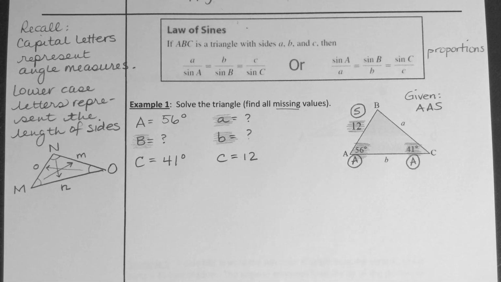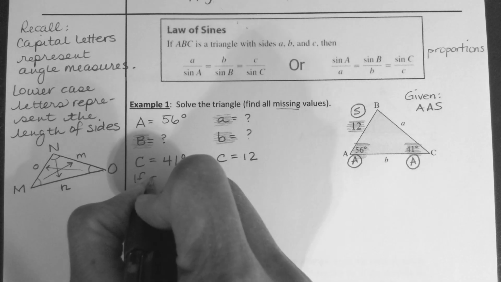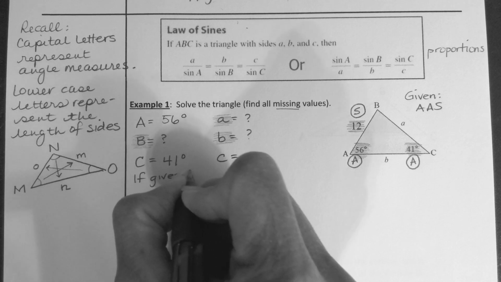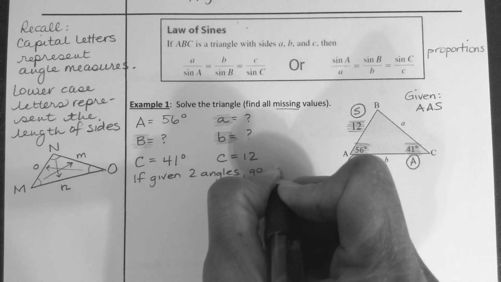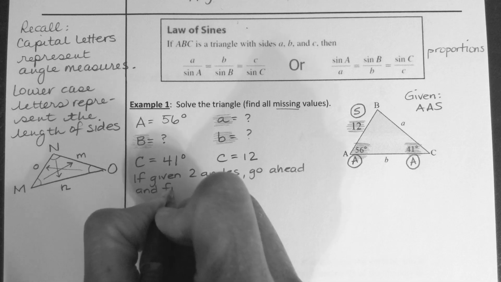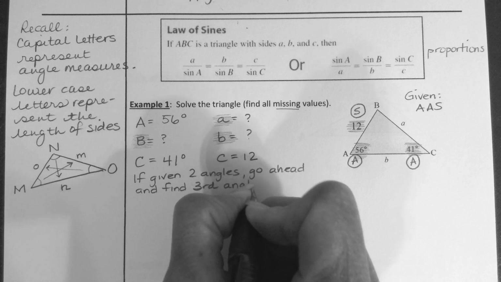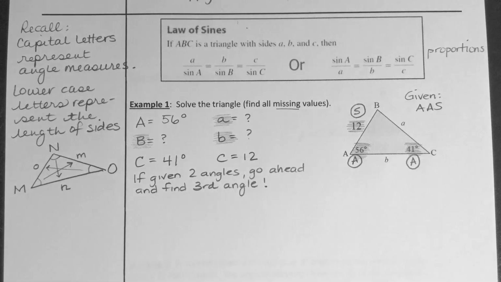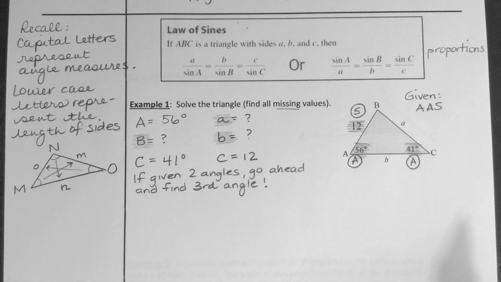The first thing I want you to always recognize is that if you're given 2 angles right off the bat, go ahead and find the third angle. Why do I encourage you to do that first? Hopefully you're recalling from geometry that the sum of the angles of a triangle should always be 180 degrees.